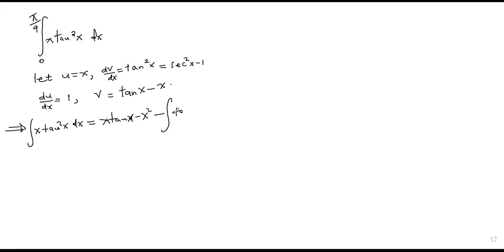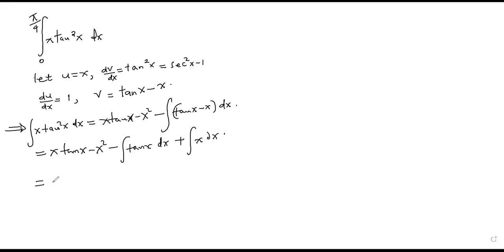So it is going to keep tan x minus x, then dx. This is going to be equal to x tan x minus x squared, then minus the integral of tan x dx, then plus the integral of x dx.